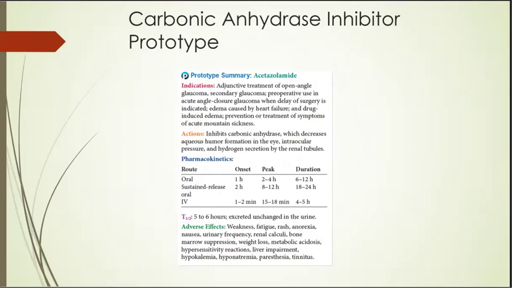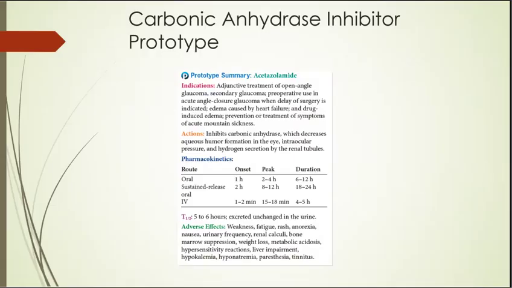Our prototype drug, it affects the proximal convoluted tubule. Major indication is for glaucoma, so it could decrease the amount of fluid, aqueous humor production, so the fluid in the eye. It also is used for acute mountain sickness.